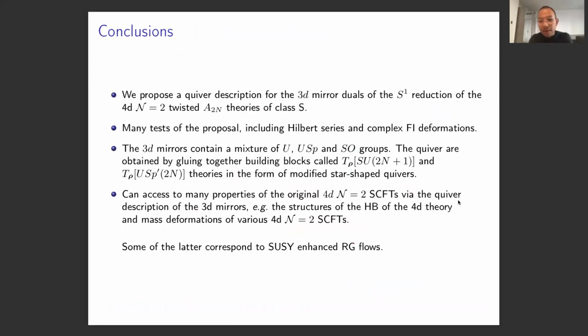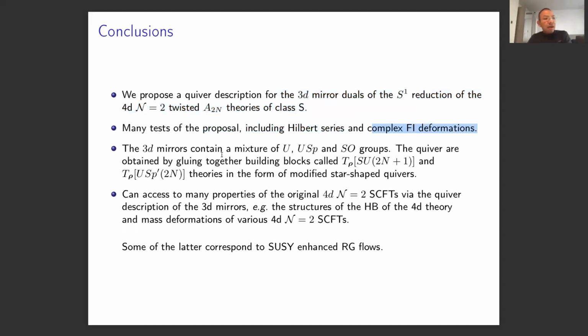Okay, so let me conclude. We propose a quiver description for the 3D mirror dual of an S1 reduction of the 4D N=2 twisted A_N theory of class S. Many tests of the proposal, including a Hilbert series and a complex FI deformation.